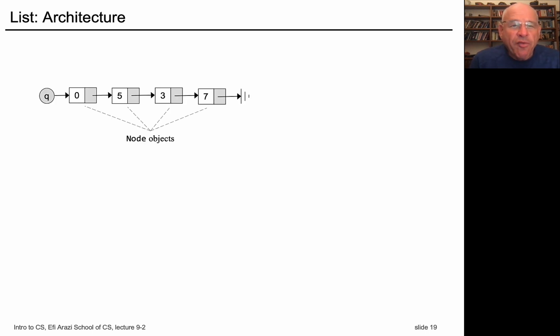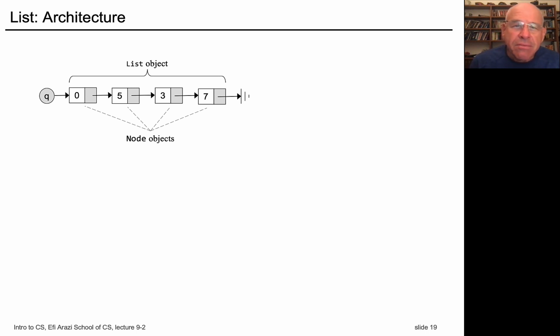Well, so far what we see in this picture is what we saw before, right? We have a bunch of nodes, which are connected together, and these are objects of type node. Well, now I'm going to add the ability to look at this whole collection as yet another object, and I'm going to call this object list.